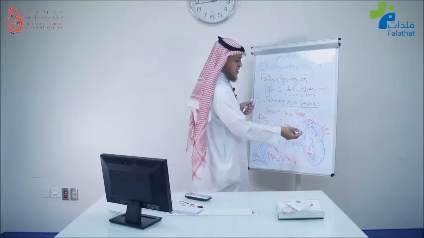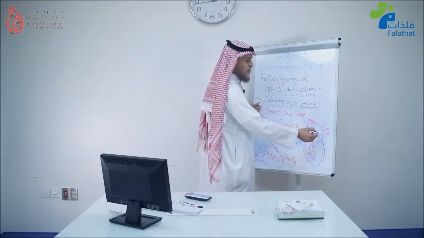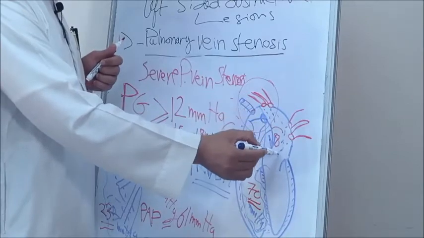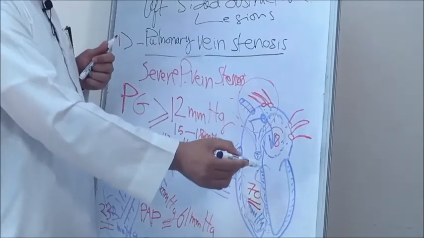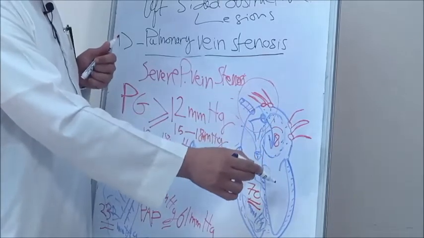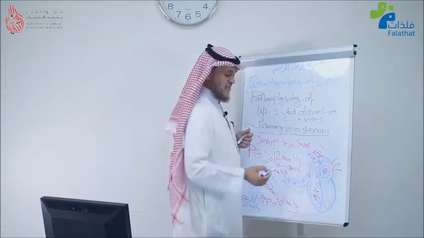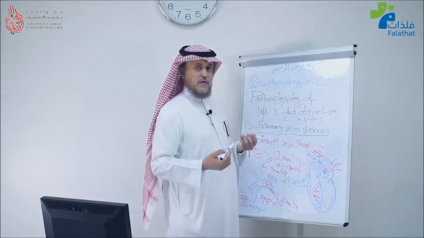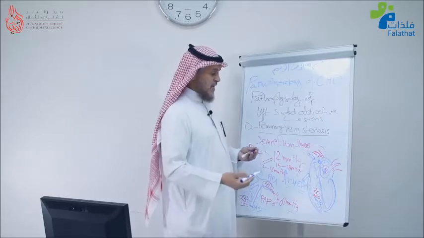Another pathophysiological effect that can happen is that their left atrium may be much smaller because it hasn't received much volume. Their left ventricle may also be smaller because it did not receive significant cardiac output or flow to grow and take its normal size.